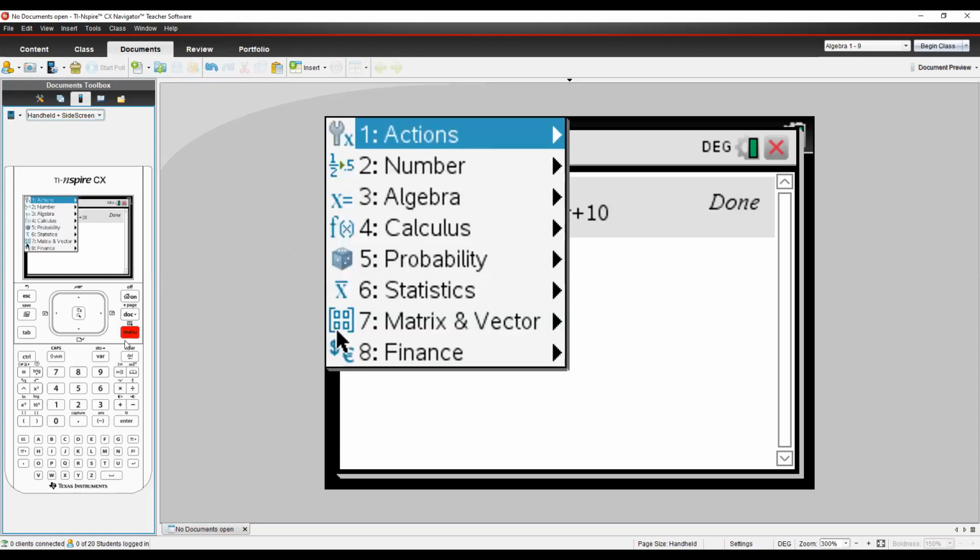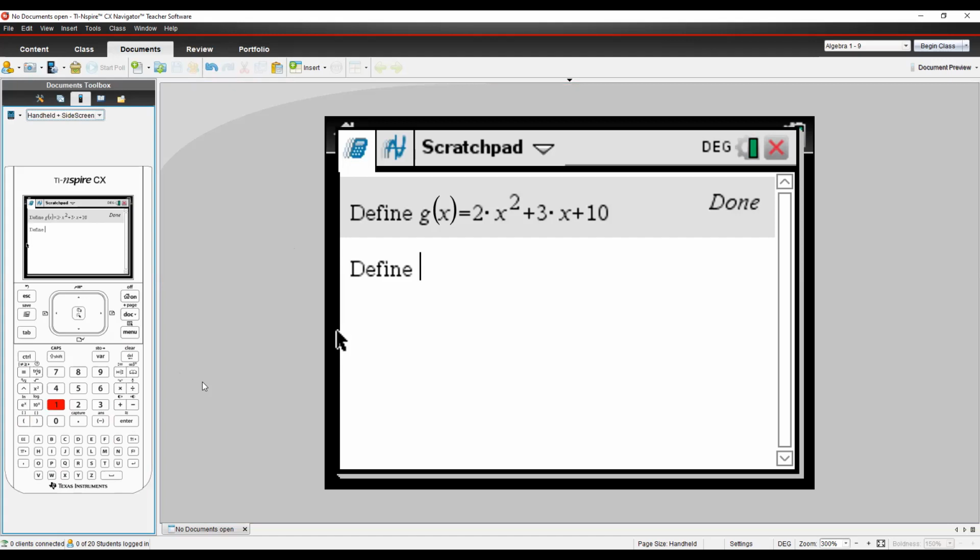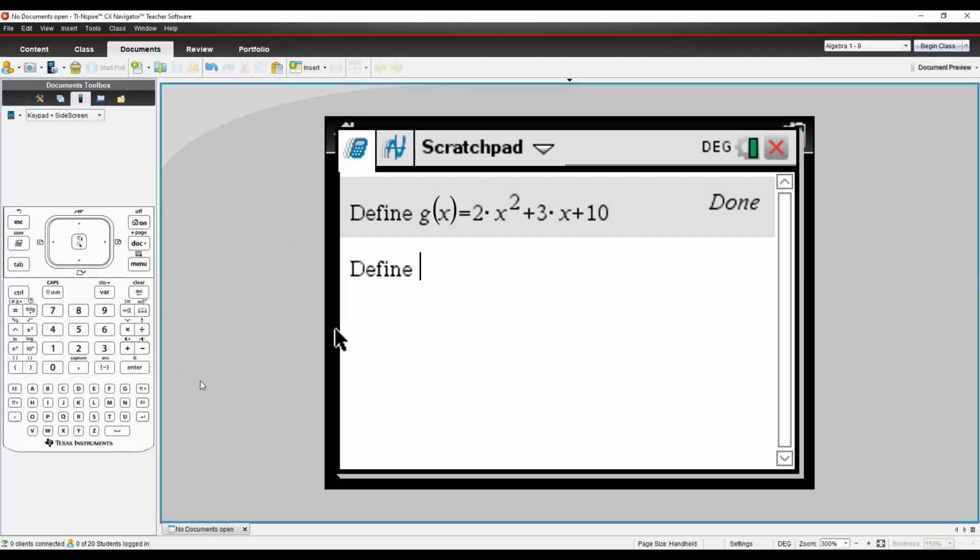We're going to do menu 11, and then we're going to define the k of x. That's k of x equals 2x plus 16. And then we press enter, that's defined.